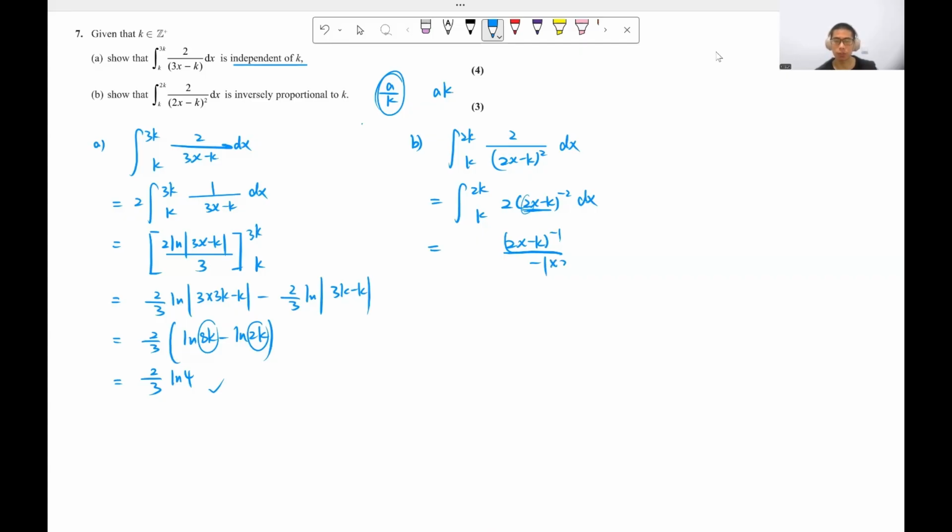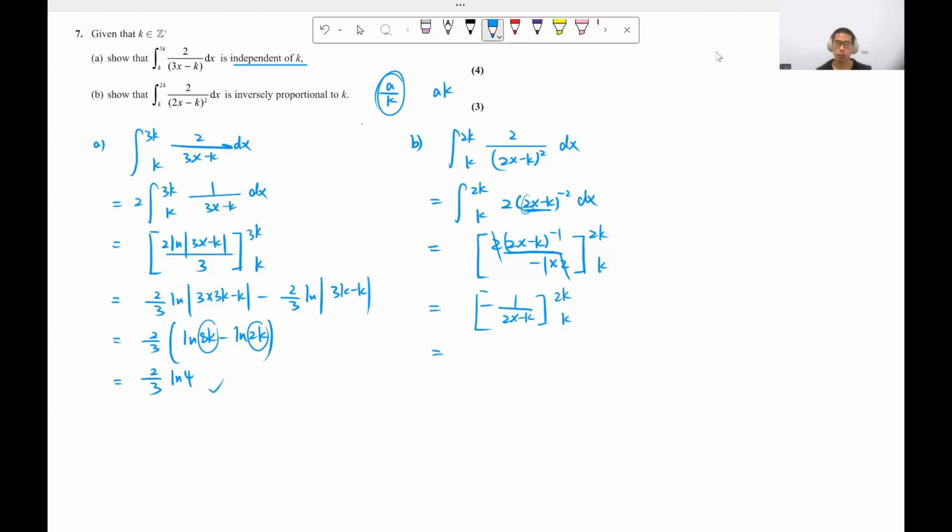So we need to divide by 2. And then we still have a 2 at the front. So 2 over 2 will cancel out. So it's just left with (2x minus k) to the power negative 1 over negative 1 with limits k to 2k. So simplify that. We have negative of 1 over 2x minus k with limits k to 2k.